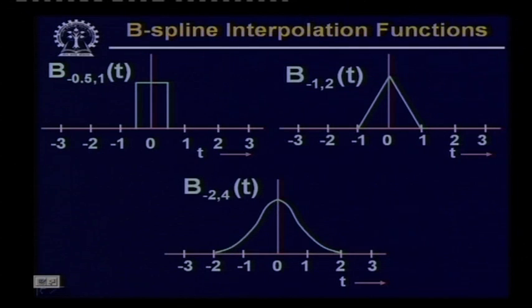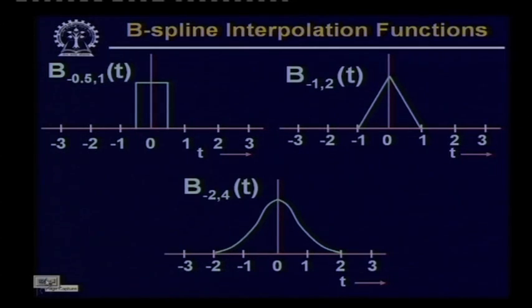Similarly, for the cubic interpolation, again with p 0, I will consider the B-spline function to be b minus 2 4 t instead of b 0 4 t. So, here you find that in this particular diagram, using this formulation, effectively what we are doing is shifting the B-spline functions by the value of s in the leftward direction.